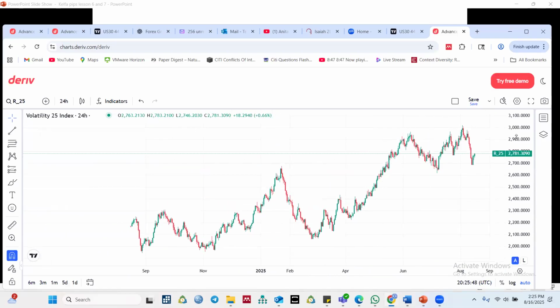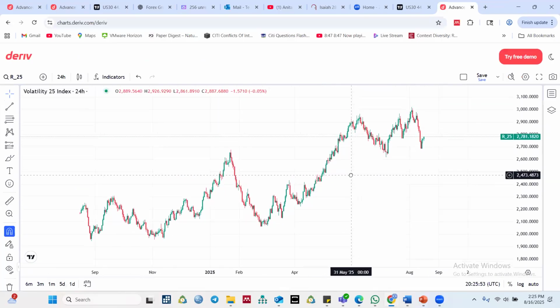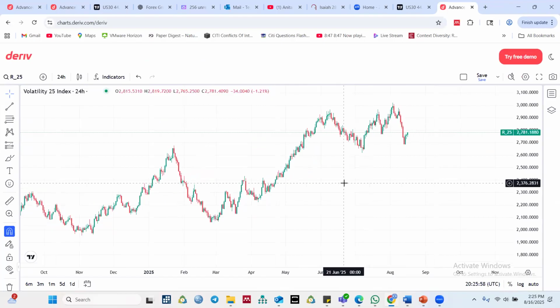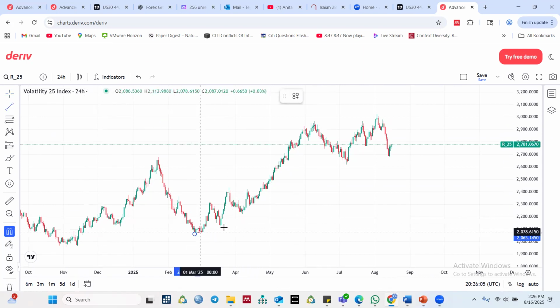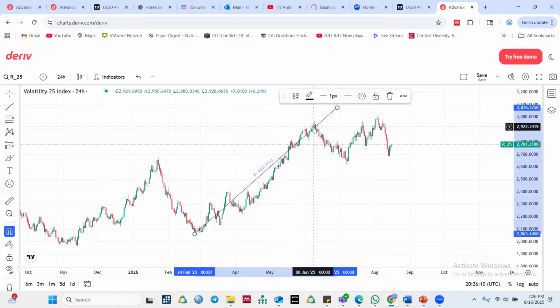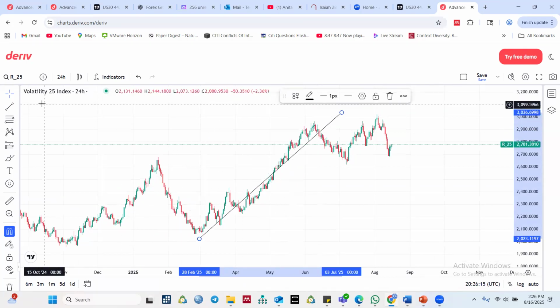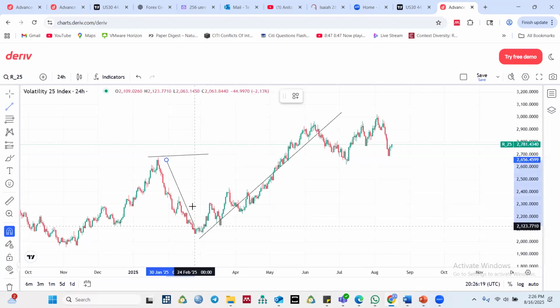This is a chart for Volatility 25 on the daily time frame. We can see that all this movement to the upside, starting from below here, or all this movement from up here going downside, is like a road.